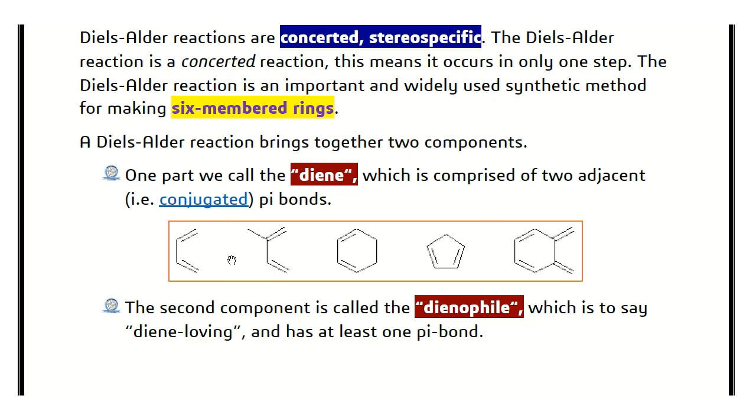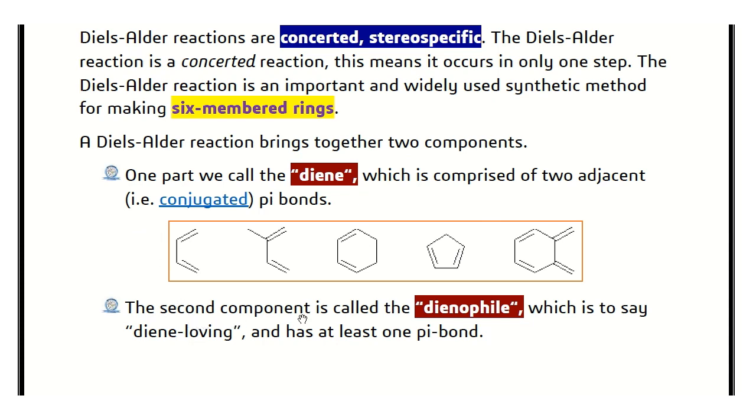These are different examples of diene molecules that can be useful for the Diels-Alder reaction: this is 1,3-butadiene, this is 2-methyl-1,3-butadiene, this is cyclohexadiene, cyclopentadiene, and cyclohexadiene molecules with additional carbonyl or other groups substituted in the ring. So the main requirement for the diene molecule is that it must be conjugated.